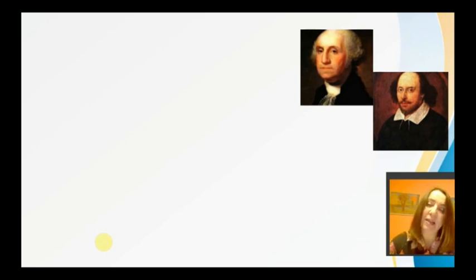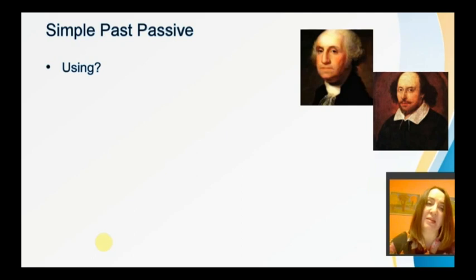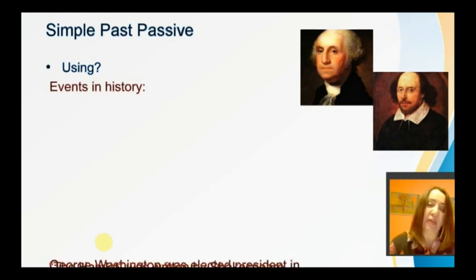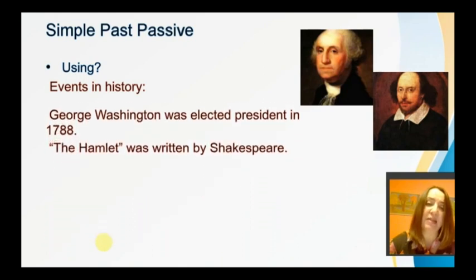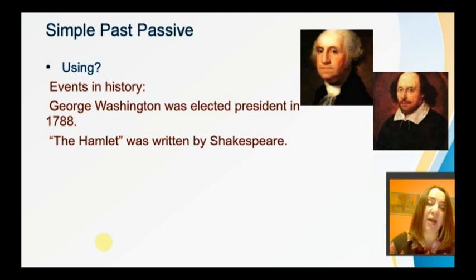Why are these men here in front of you? Because we are talking about simple past passive using. When do we use simple past passive? When we talk about events in history, like George Washington was elected president in 1788, or the Hamlet was written by Shakespeare.